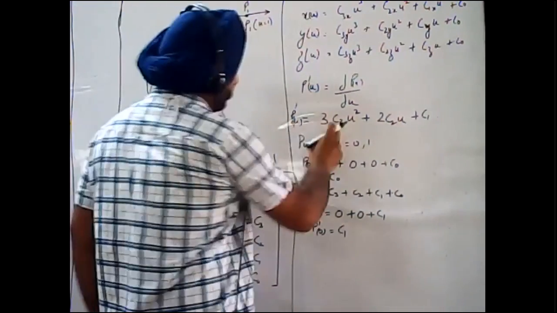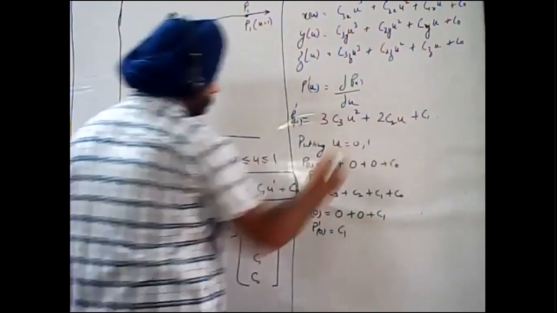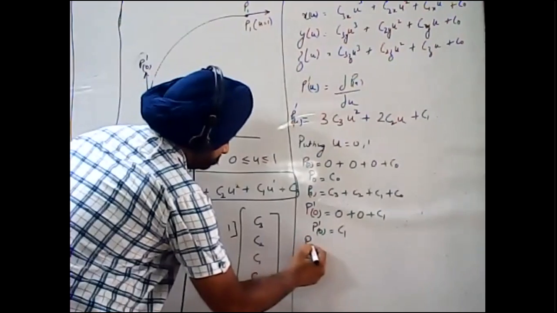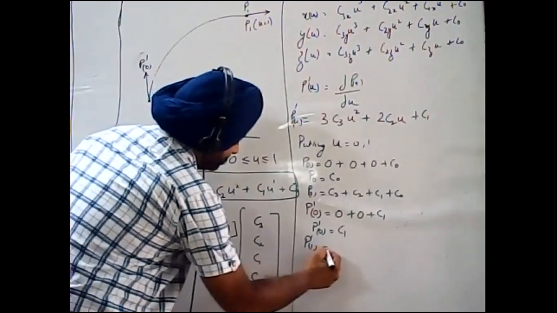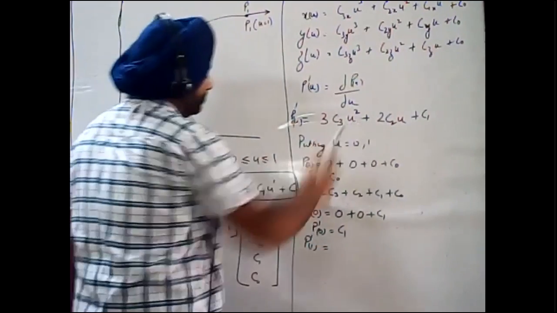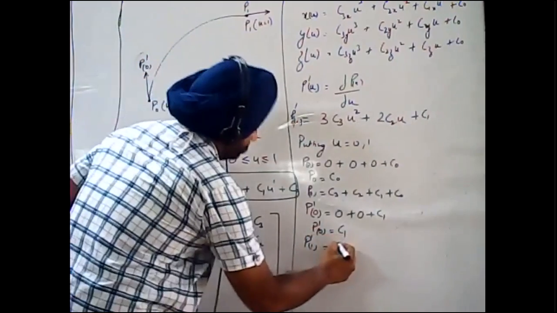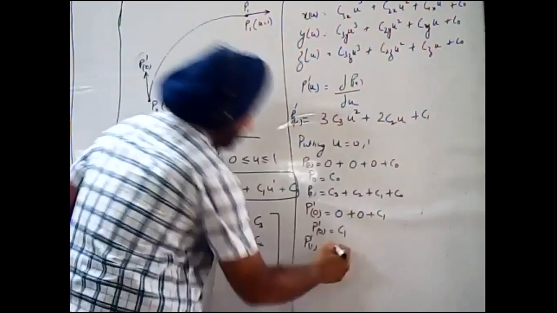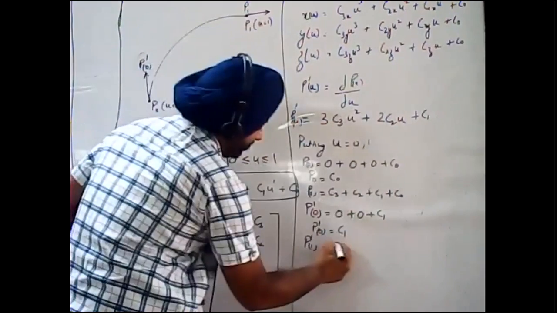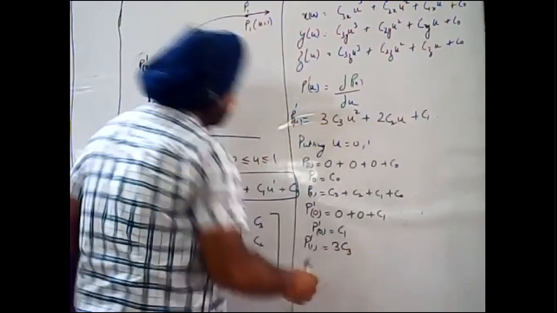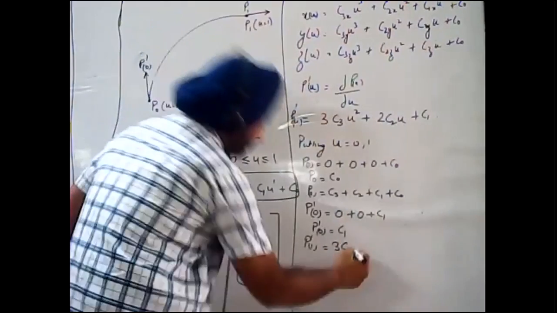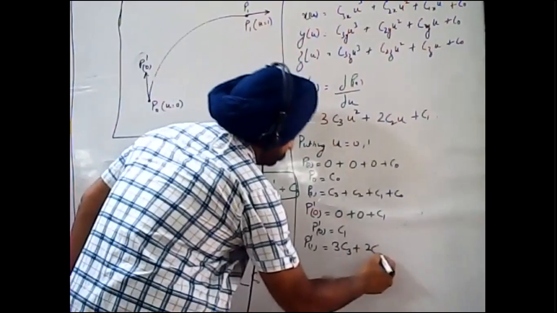And similarly, now putting u equal to 1, P dash 1 is equal to, it will become 3 C3, putting it equal to 1, plus twice of C2 plus C1.